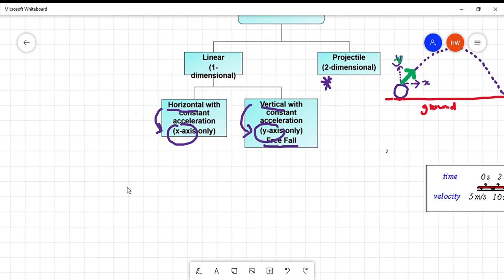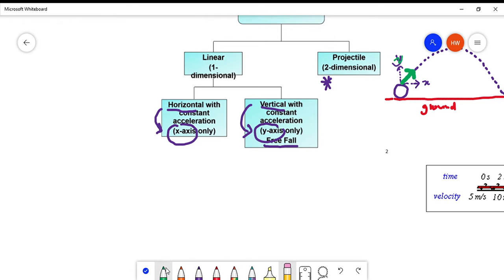Motion in a straight line. Sorry, I can't see your name. Anyway, good, thank you for answering very precisely. That is what I want.